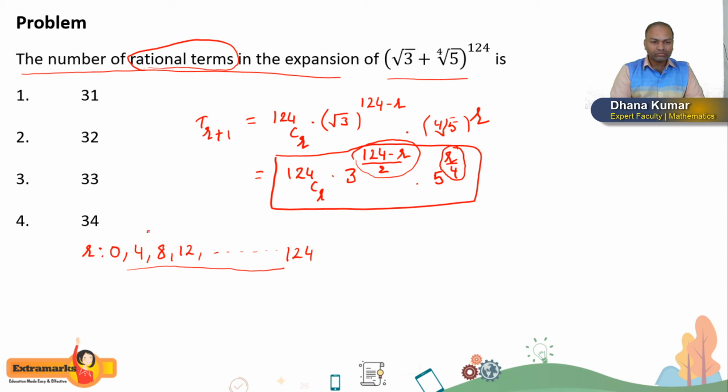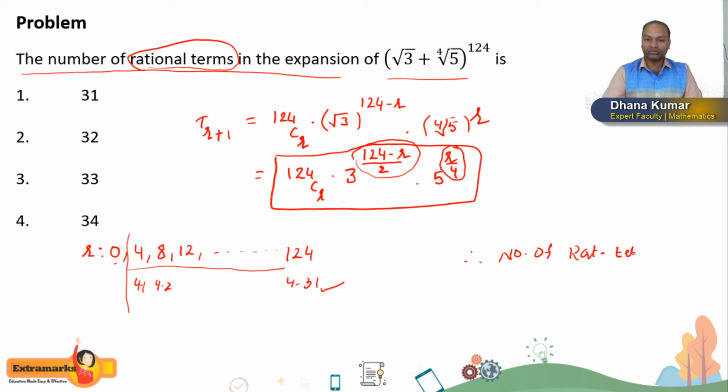See here, 4 means 4 into 1, 8 means 4 into 2. Correct now? 124 means 4 into 31. So from here, a total of 31 terms are there, plus one more term. Total 31 plus 1, 32. Therefore, the number of rational terms.